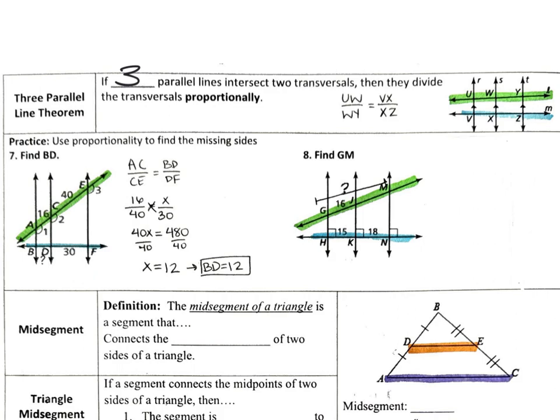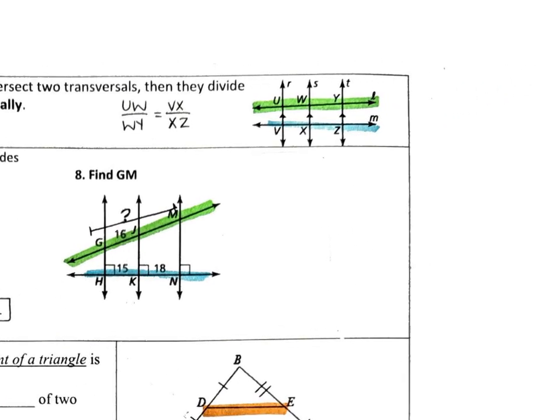So we're not dealing with triangles here necessarily, but if we notice that we have 3 marked parallel lines, all have the little arrow indicating that they are parallel, then we can take the little segments in between them and make them proportional, meaning the green UW and green WY will be proportional to VX and XZ.